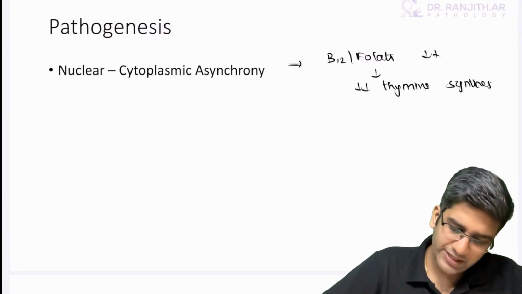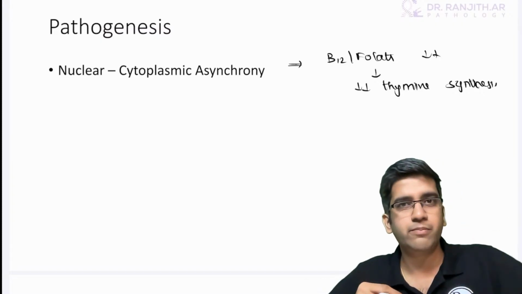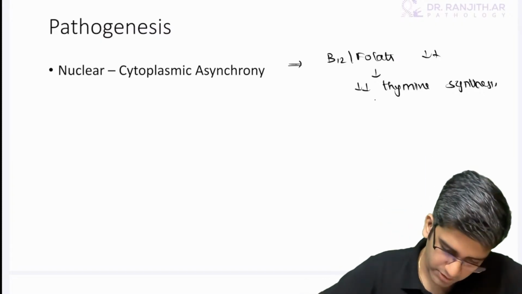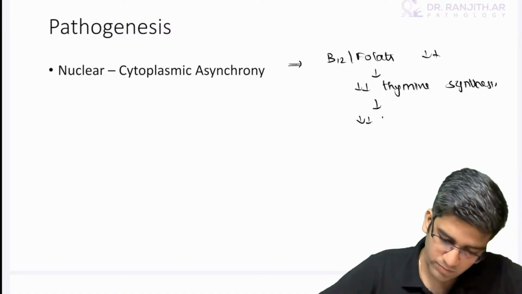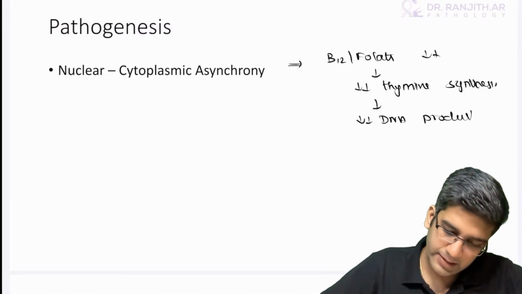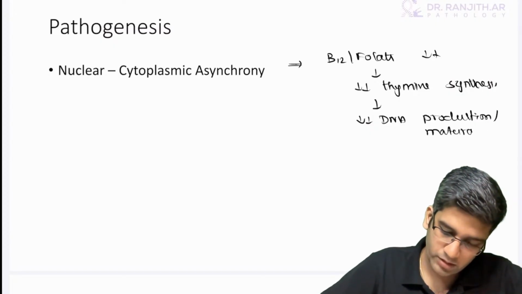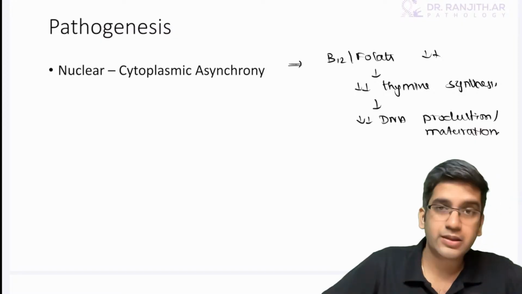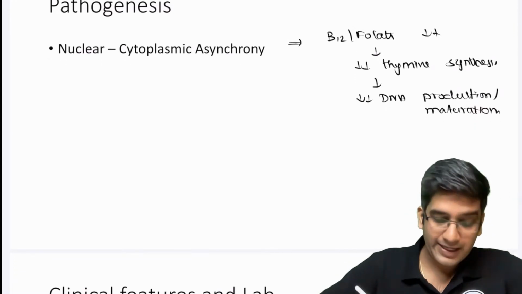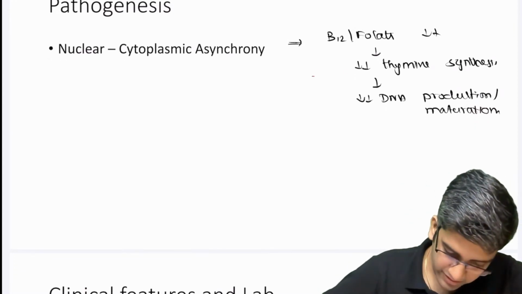Okay, because the thymidylate synthase enzyme requires B12 and folate as a cofactor. Because of this, there will be a problem in DNA production, not just DNA production, also DNA maturation. But it's thymine, right? RNA does not have thymine. It's a thymine deficiency.